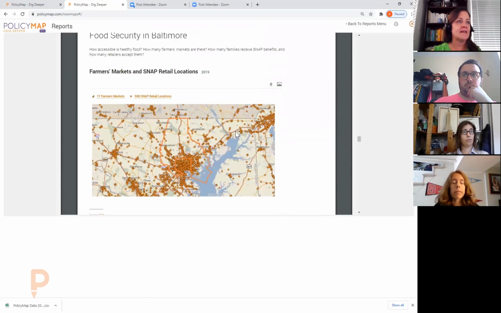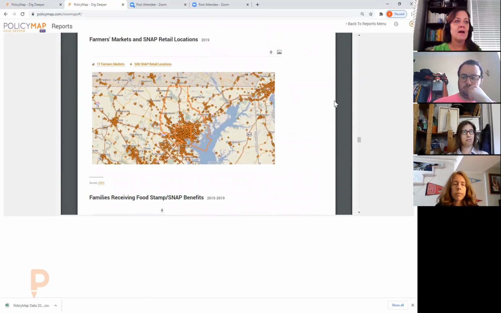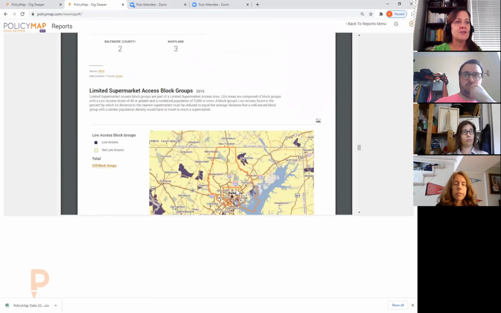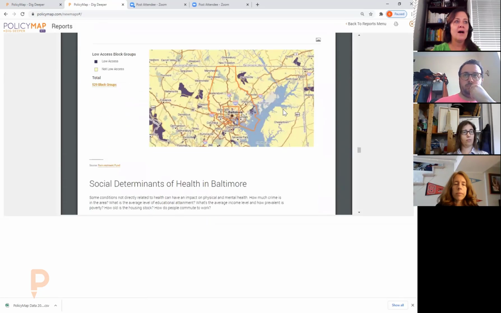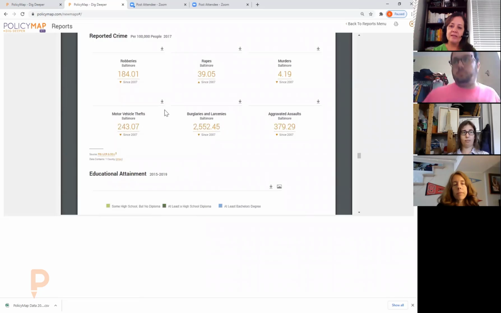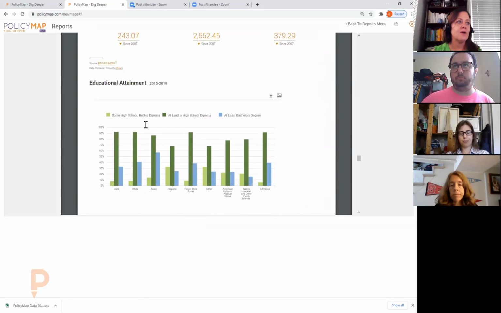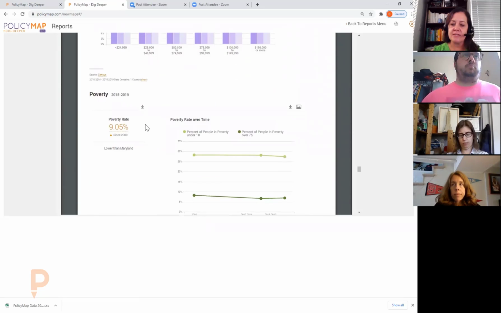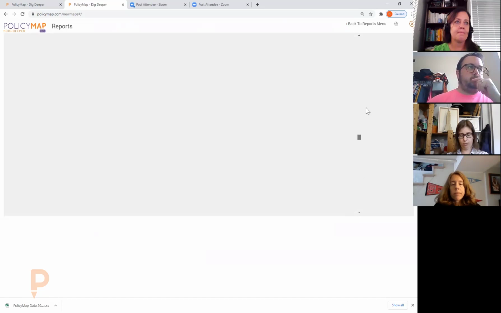Again, more depressing data, really important information. Data about access to fresh, healthy foods. So you can figure out where there's limited supermarket access and what's happening within an area. And really, another strength of ours are these behavioral risk factors related to health and the social determinants of health. So anybody who's taking a look at that type of data would really be interested in seeing this report.